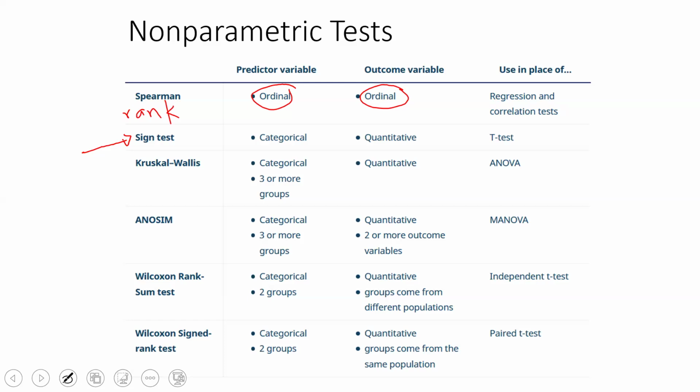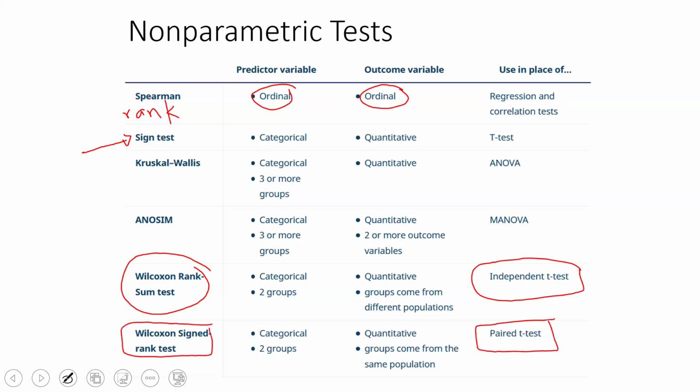ANOSIM is analysis of similarity, unlike what we have in ANOVA, analysis of variance. The Wilcoxon rank sum test is similar to the independent sample t-test, but only when your variable is not normally distributed, while the Wilcoxon signed rank test is for a paired t-test when your variable is not normally distributed.